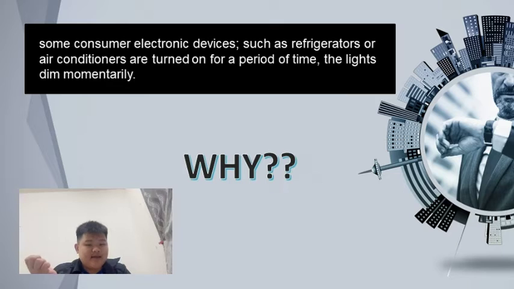Why is it like this? This is because in the initial stage, the motor of the device requires a large current to bring the machine up to operating speed. As the motor operates, much less current is required to keep it working.